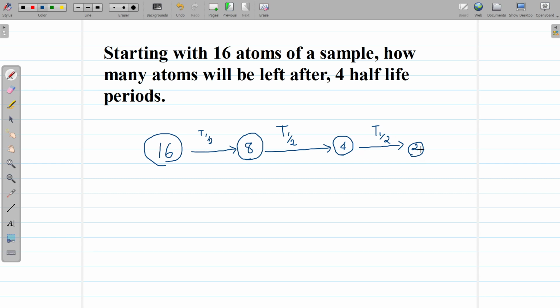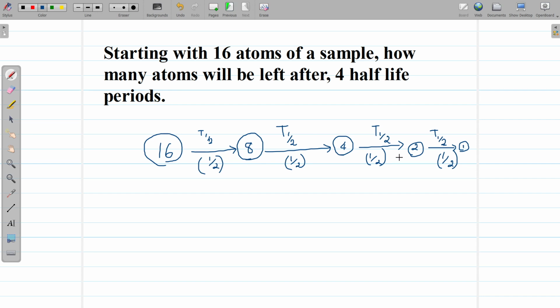That means 4 atoms will be converted into 2 atoms. And if again one more half-life period is over, again this will be exactly halved. So this is how the half-life period proceeds. We can see in each half-life period, the number of atoms is getting exactly halved, exactly by 2.